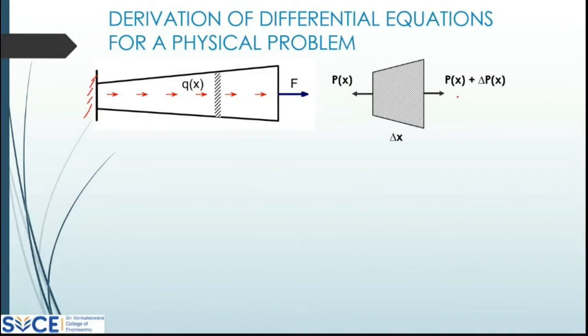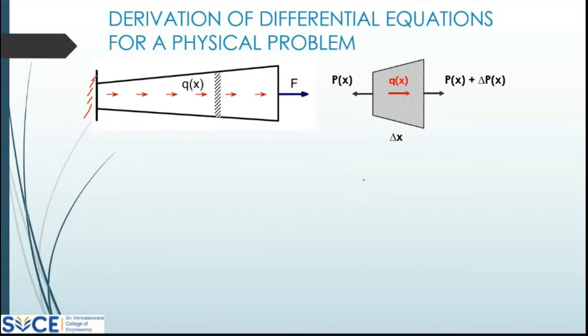But for an elastic body, your reaction is equal to force plus an additional force, which makes your object deflect. So that's why we have this del P of X, the additional force. You also have Q of X, which is like a UDL, a uniformly distributed load, per meter. So the overall force will be Q of X into del X.